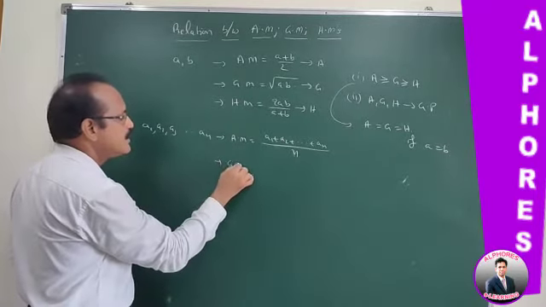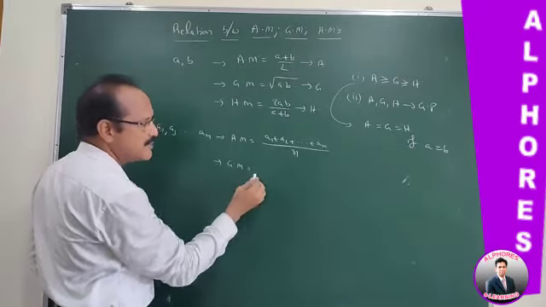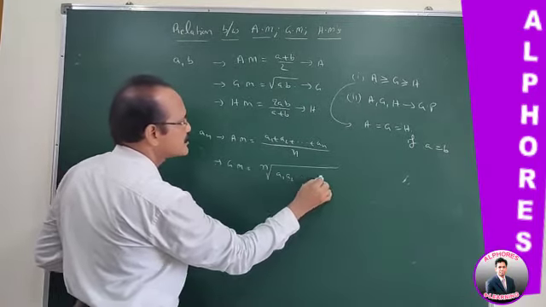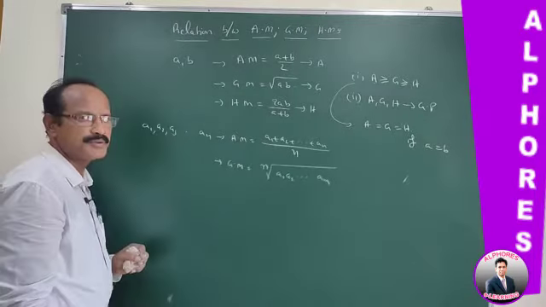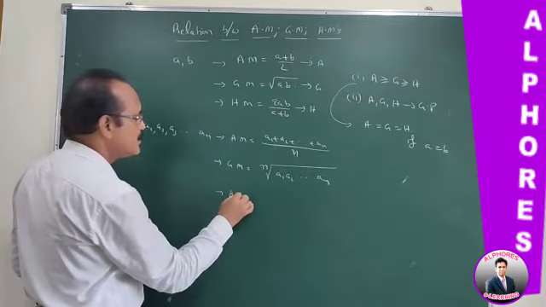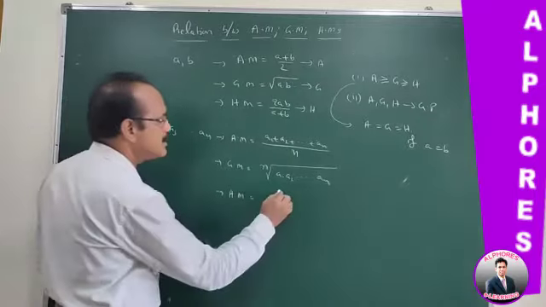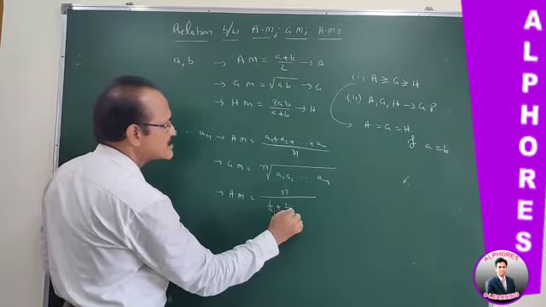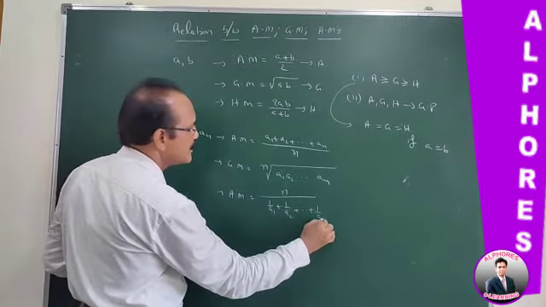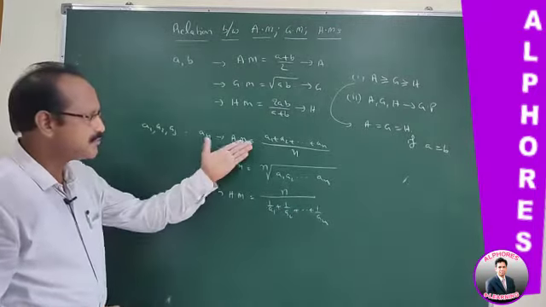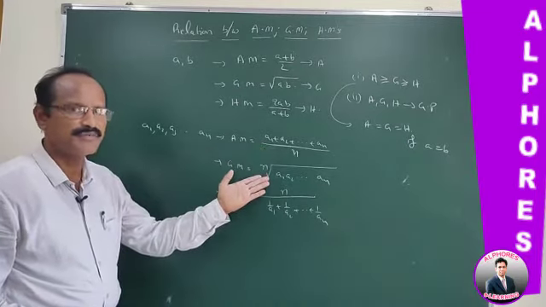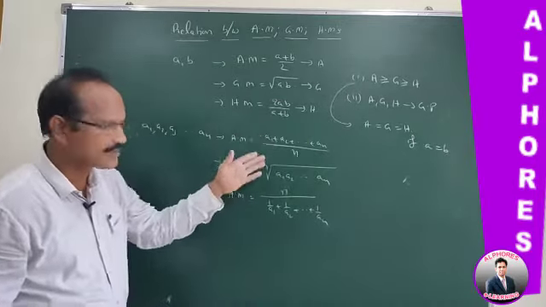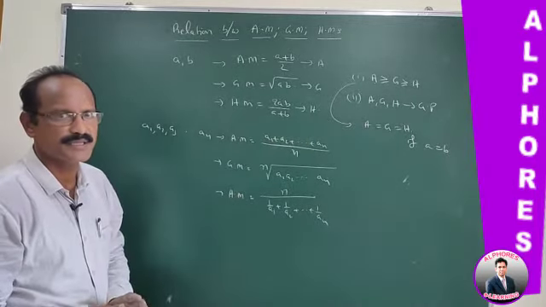Their geometric mean is given by the nth root of A1, A2, so on An. And the harmonic mean is given by n by (1 by A1 plus 1 by A2 plus so on 1 by An). So the same concept is applicable for a finite number of positive numbers, right?